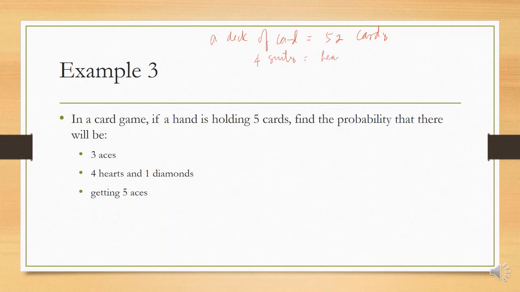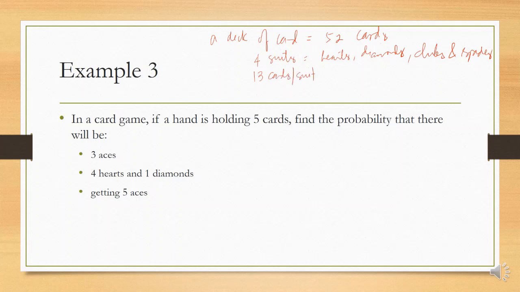which is hearts, diamonds, clubs, and spades. Okay. Now, for each suit, we have 13 cards per suit.